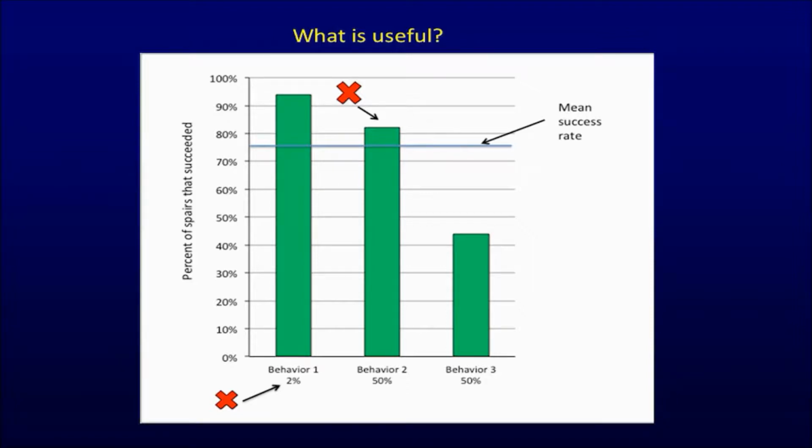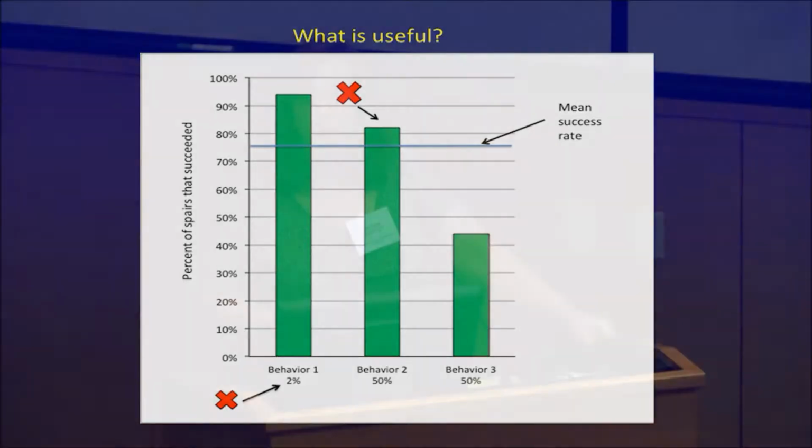The first one is not useful because you can see the 2% on the bottom represents the proportion of introductions in which we ever see that interaction during monitoring. That doesn't mean they're only doing it in 2% of the introductions, of course. It's just what are my staff seeing with the standards that we have for monitoring. And it looks like it's quite predictive of success because when it's observed, a large proportion of those introductions are successful.